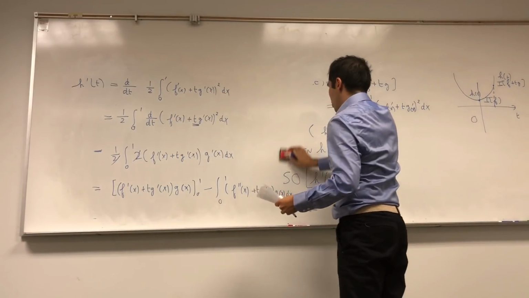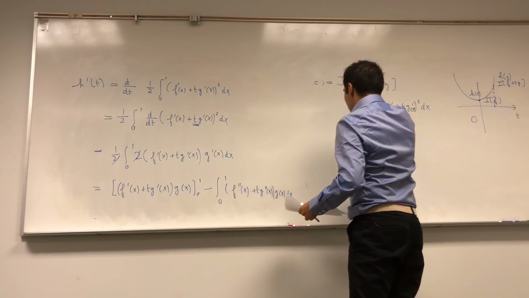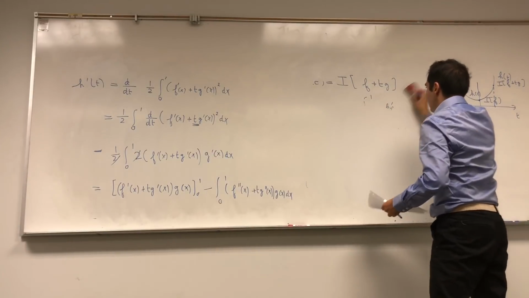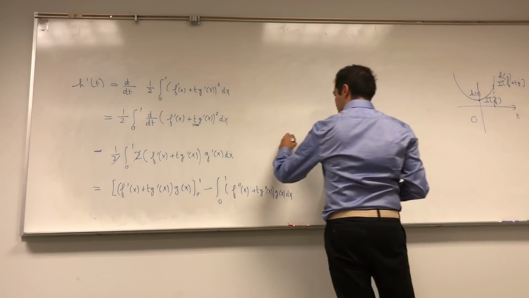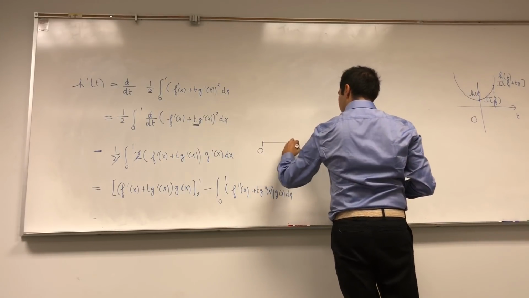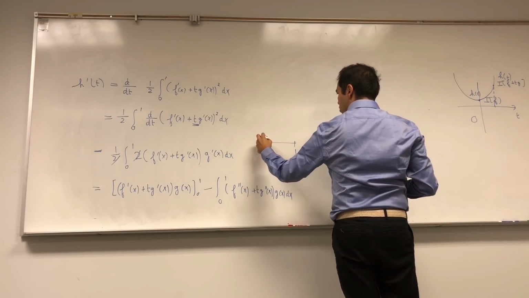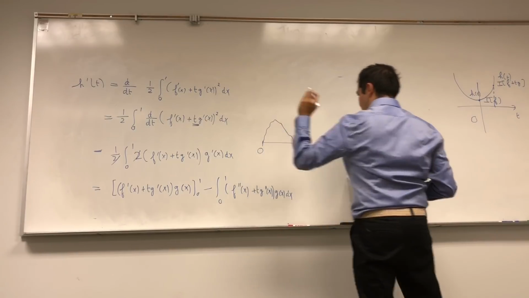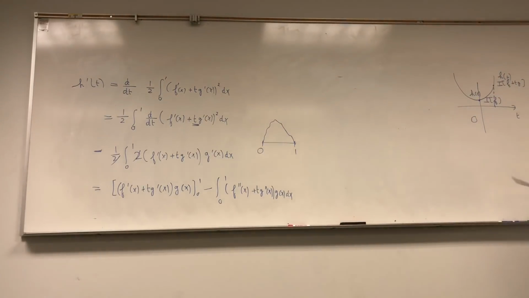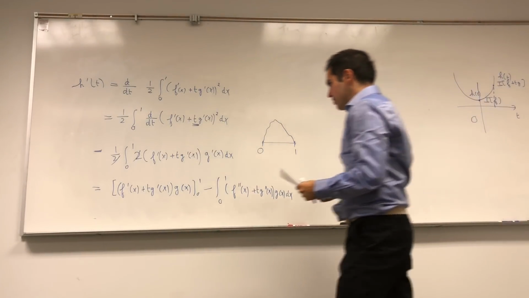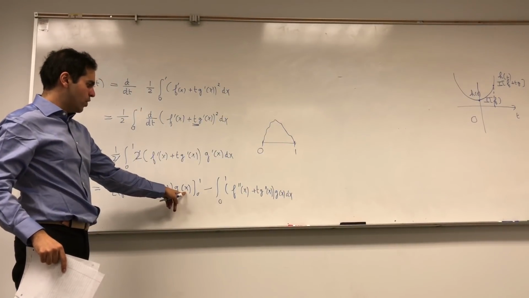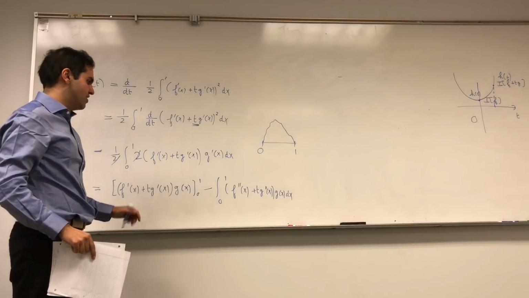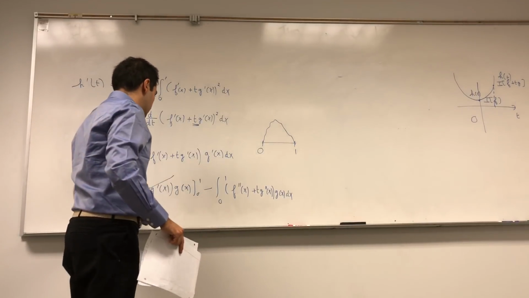And here comes a cool thing. Remember, what is g? It's a function that's 0 at 0 and 1. So it's 0 here and 0 here. It could be, imagine it's positive, because it's for any g. And therefore, if you plug in 1 and 0, you get g of 1 and g of 0, which gives you 0.